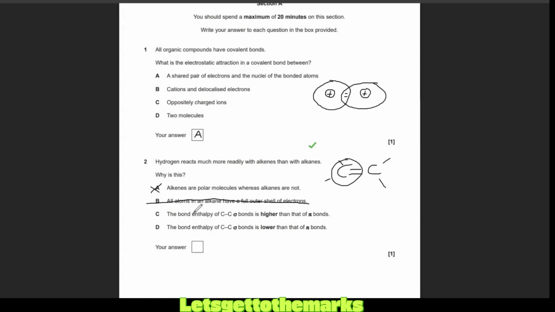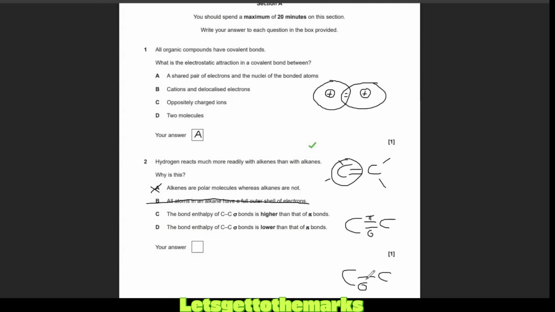The bond enthalpy of the C-C sigma bond is higher than that of the pi bond. What I'm going to show you here is that a double bond has a higher mean bond enthalpy than a single bond. However, one of these bonds is a sigma bond and the other one is the pi bond, and the sigma bond is stronger than the other.